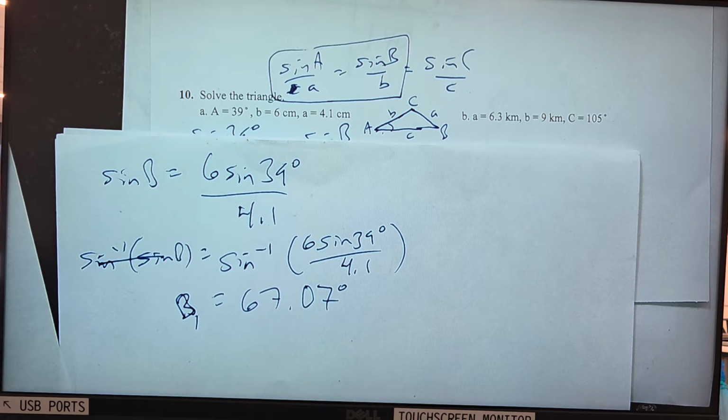The reason the base is dotted is it didn't tell me how long that is. All it told me was the angle. So I start here and rotate by 39 degrees, but I don't know how long this is. That's why this works and this works potentially.